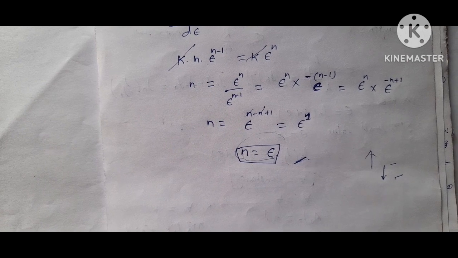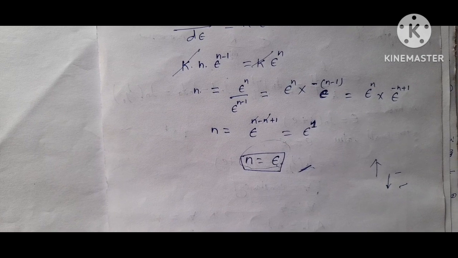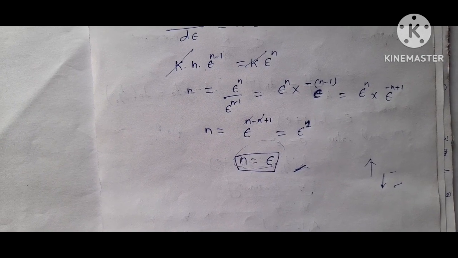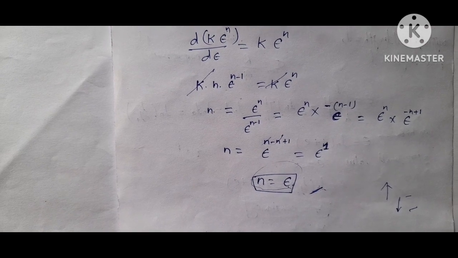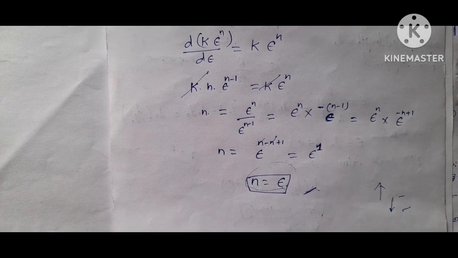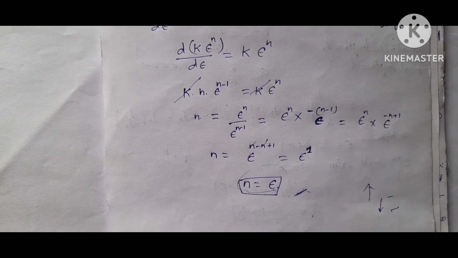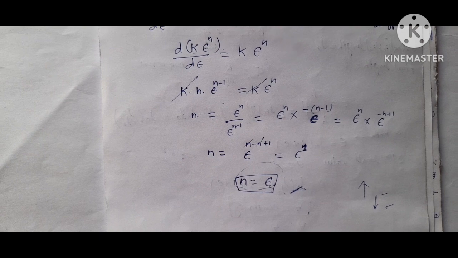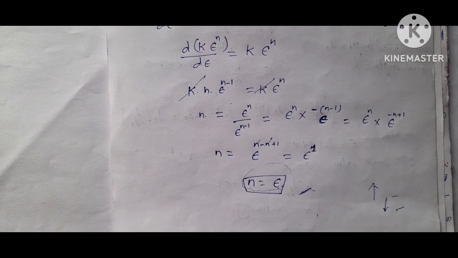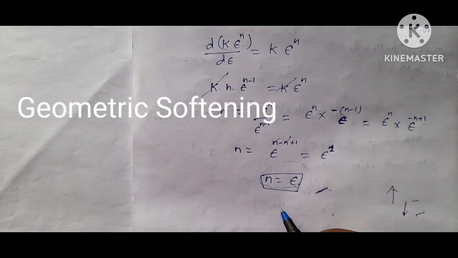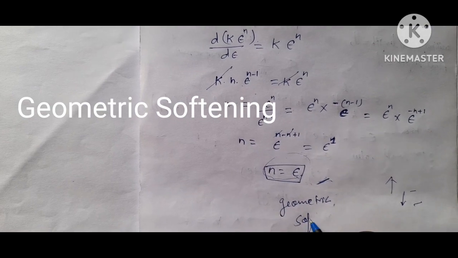With increasing strain, however, the material becomes stronger due to strain hardening. Since the load on the specimen is the product of area and strength, instability sets in when the rate of decrease in cross sectional area is greater than the rate of increase in strength. This phenomenon is known as geometric softening.